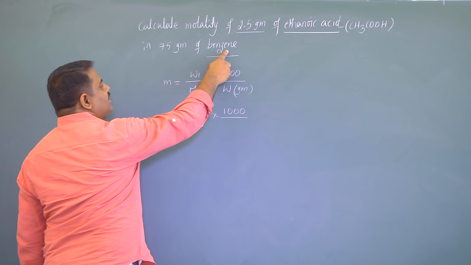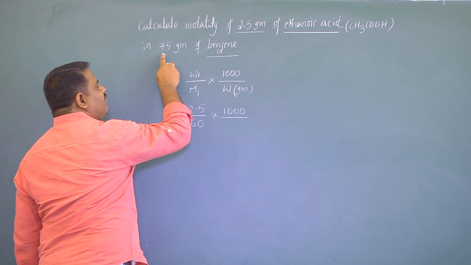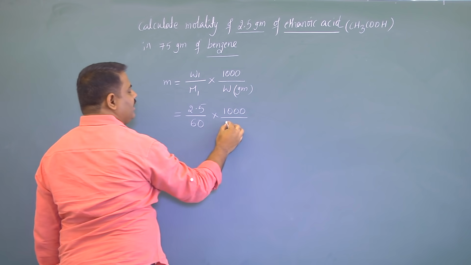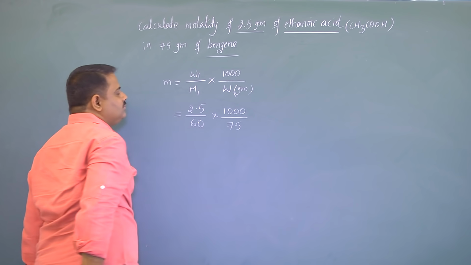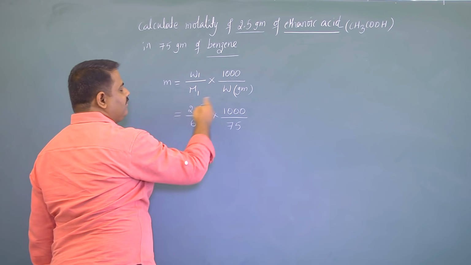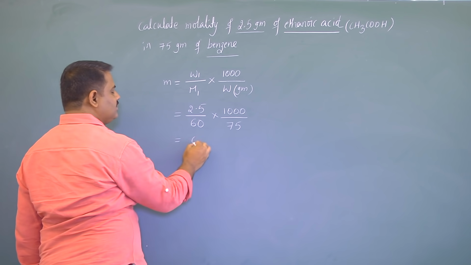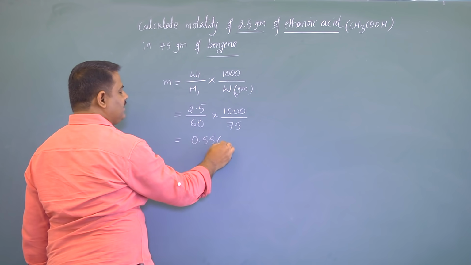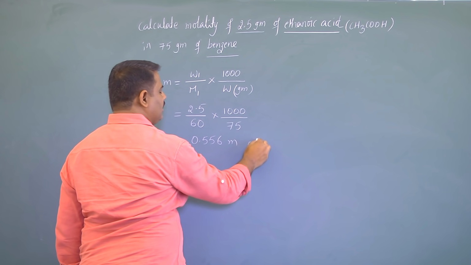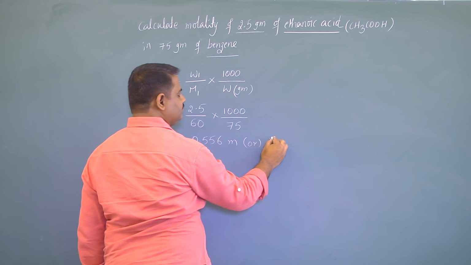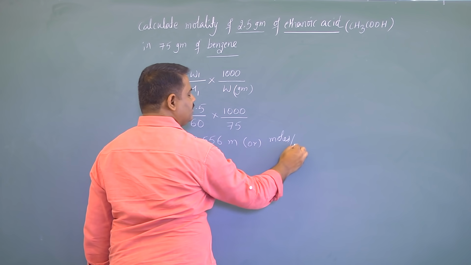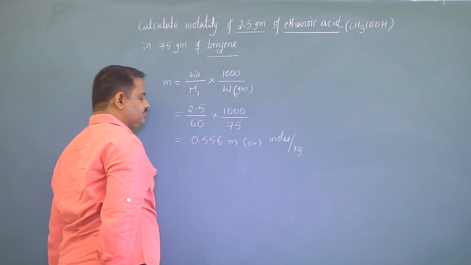What is the solvent here? Benzene. Weight of benzene is 75 grams. Now this is the substitution of all the values. The final answer is 0.556 molal, or we can write moles per kg.